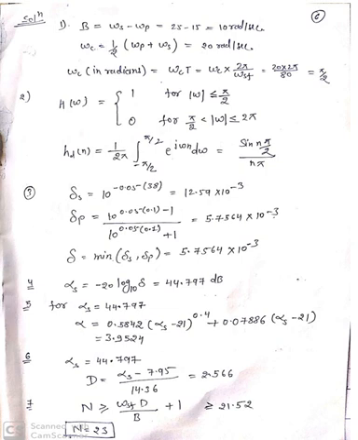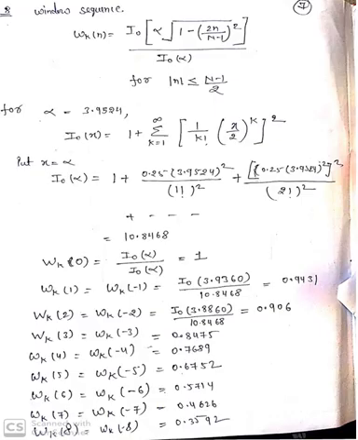D equals (αs − 7.95) divided by 14.36, which I have already discussed previously, which equals 2.566. And the order of the filter, N, is greater than or equal to (ωs F × D divided by B) plus 1, which is 21.52. So we take the value of N equals 23.